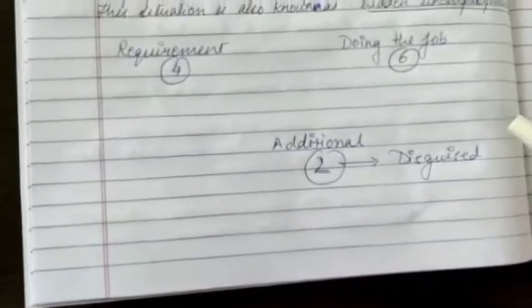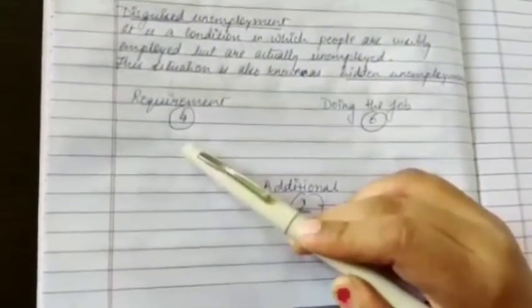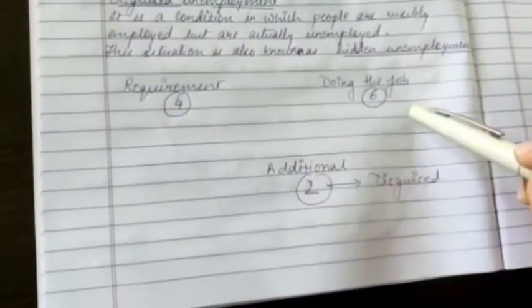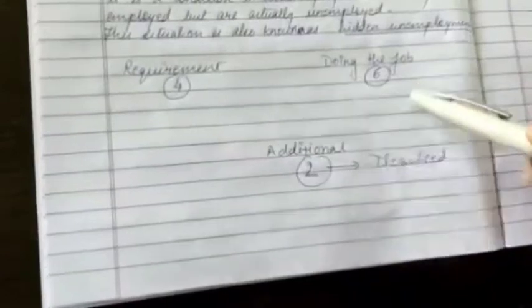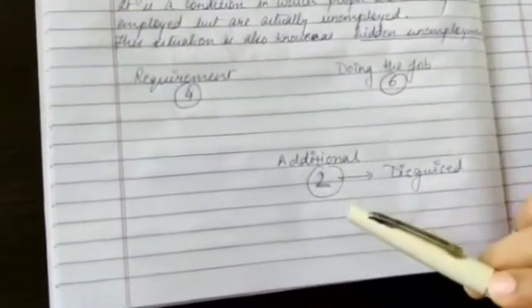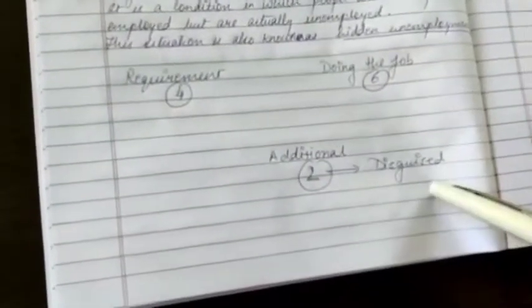Those additional 2 people are the disguised unemployment. So 4 people are actually needed for the job, but in the field there are 6 people who are visibly employed. Those 2 are actually unemployed. They are visibly employed but actually unemployed. That situation is known as disguised unemployment.